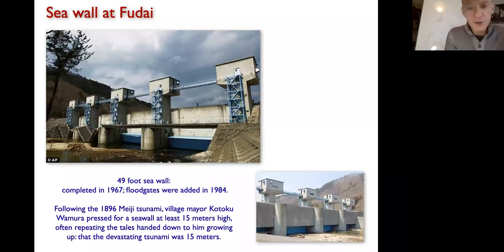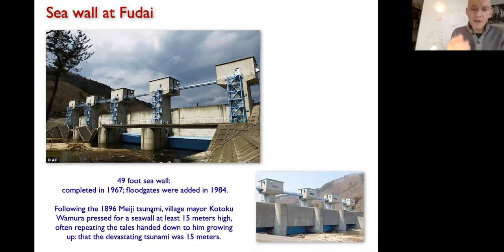And it was not easy because you can imagine that it's much more expensive. And if no tsunami occurred, no one would have complained. Well, maybe they would have complained about why we are spending so much money for something that maybe is not useful. And that's one of the problems when you decide to decrease vulnerability, because cost is a key factor, especially from a political and social point of view, not scientific.